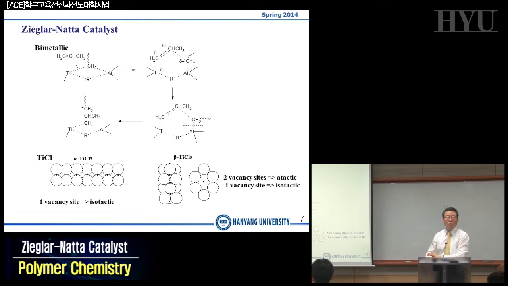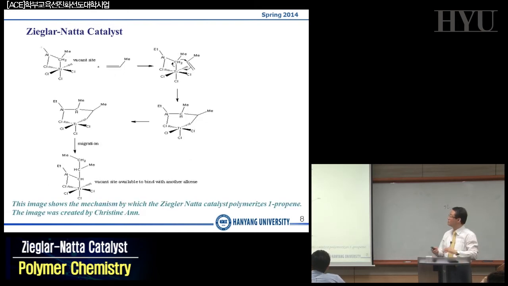You can readily produce the isotactic polypropylene from the atactic polypropylene side of your polymerization systems. So by controlling the crystalline structure of your catalyst systems, you can have isotactic polypropylenes.